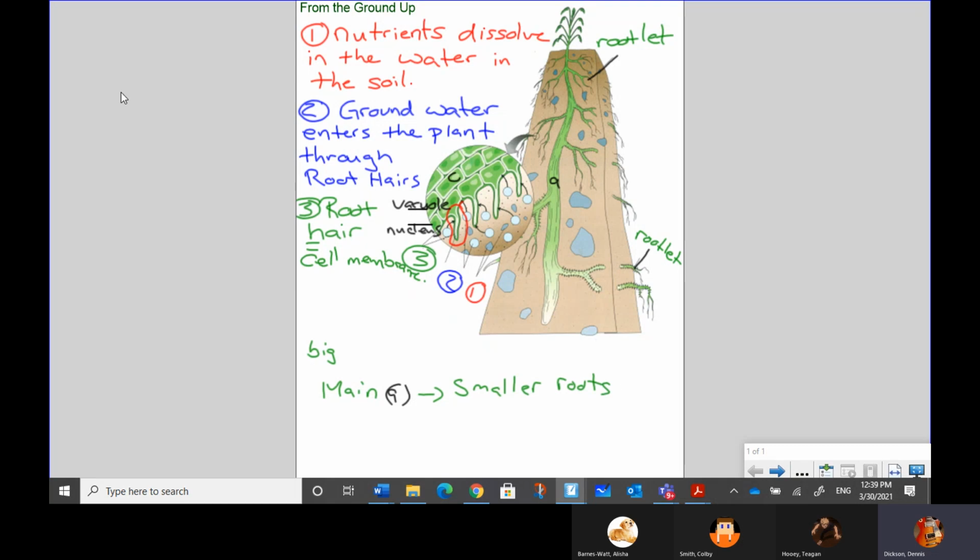We'll call those B, like here. And then those would flow into rootlets. And that would be our equivalent of C, and that would be what we're dealing with down here.